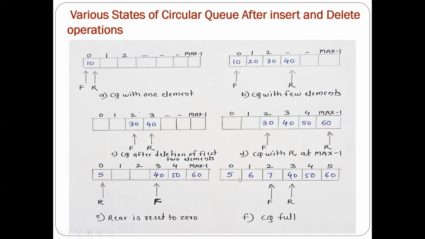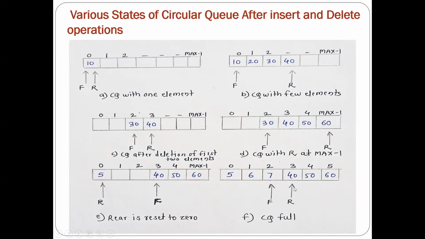And in the last case, I have done the insertion for the 6 also, 7 also, and now my queue is full here. So in case of the circular queue, when your queue is going to become full, there are two cases. If your front is at the 0th position and rear is at the last position, then that is one valid case. Otherwise, if your front is one position behind the rear, then your queue is full.